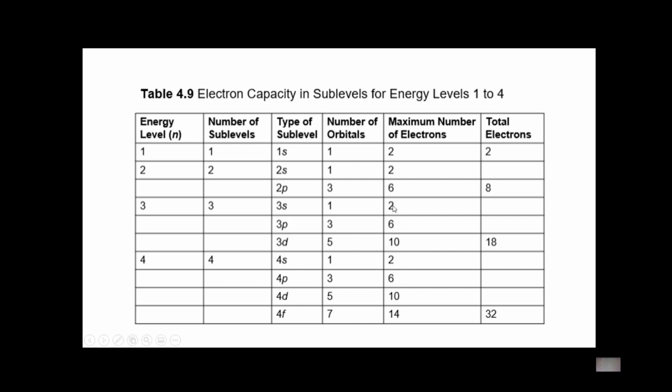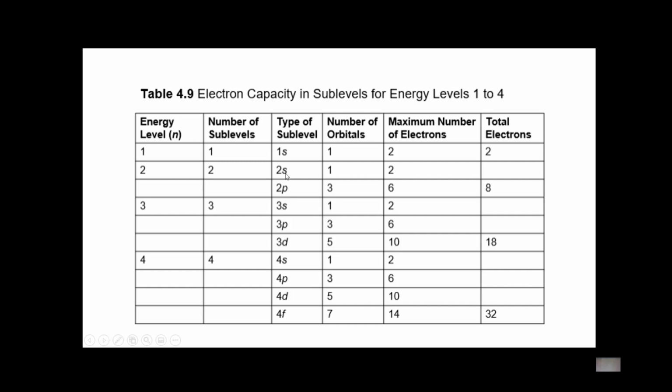And so now you can tell how many electrons are held within it. So if we look at energy level 1, and I ask you how many electrons energy level 1 can hold, you would go across. It has 1 orbital. That means it can only hold 2 electrons. Energy level 2 has 2 sublevels. You have to account for everything.